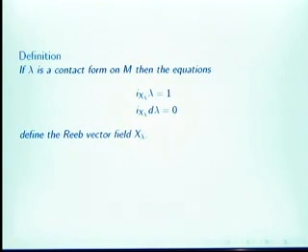All right, and related to a contact form, there is a vector field called the Reeb vector field, defined by these equations, which defines a dynamics that is equivalent to the Hamiltonian dynamics of every Hamiltonian function defined on this manifold as an energy level. So Reeb dynamics is equivalent to Hamiltonian dynamics on this hypersurface.